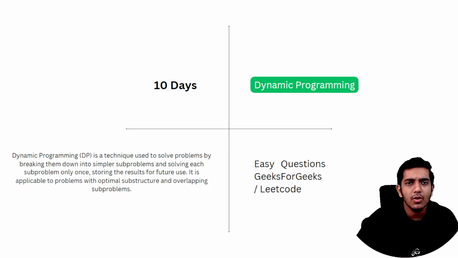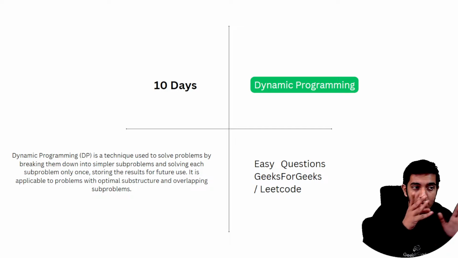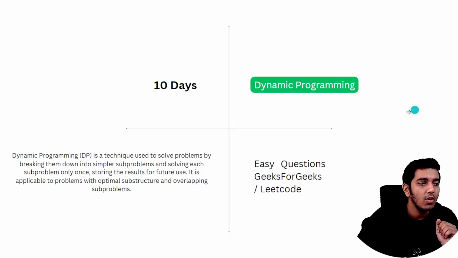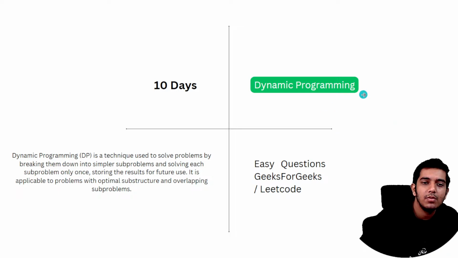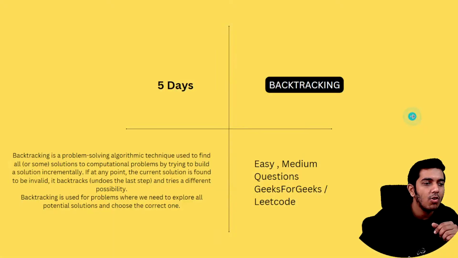You can also search about it. Again, it's gonna need some time and patience because all the things which we have learned previously, you're gonna implement in dynamic programming. So mostly you're gonna do problem solving in this one. Because this is a concept, you just need to implement it in all the previous things. So you can solve easy questions of each.